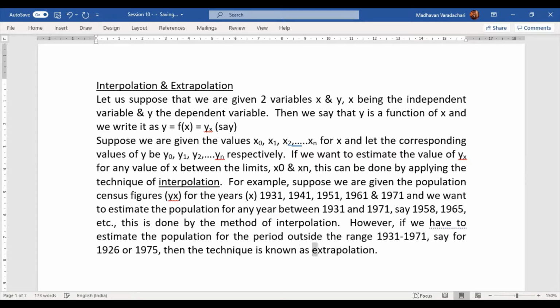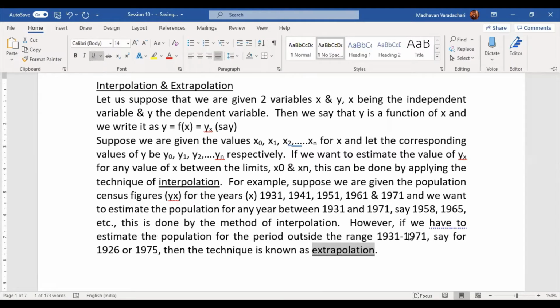Within the range, if you are trying to forecast or predict, you call that interpolation. Beyond the range, if you are trying to forecast something, it is called extrapolation.